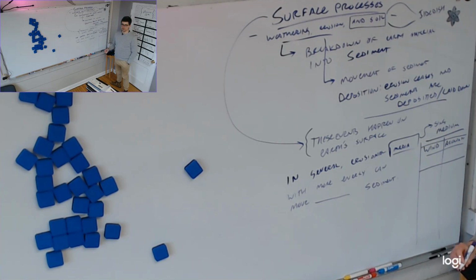What's one way that water can erode things? Like a river. River. And we call that fluvial. What else? Let's stick with water for a while. What other ways can water erode? Or what other media can water cause the movement of sediment?